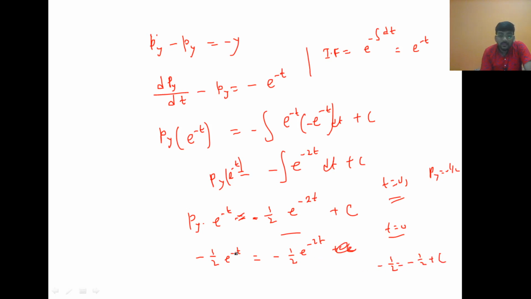So it will be c is equal to 0. So we can find that py is equal to minus half into e to the power minus t. So py will be minus e to the power minus t by 2 and px will be e to the power t by 2.